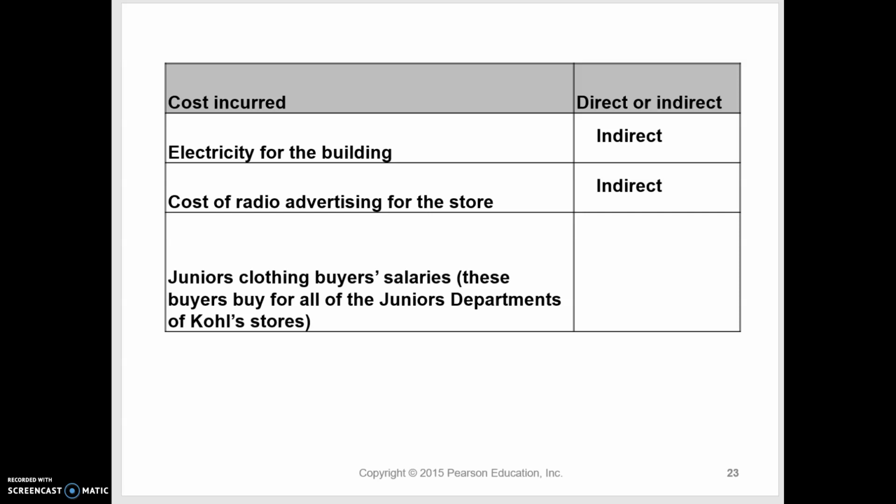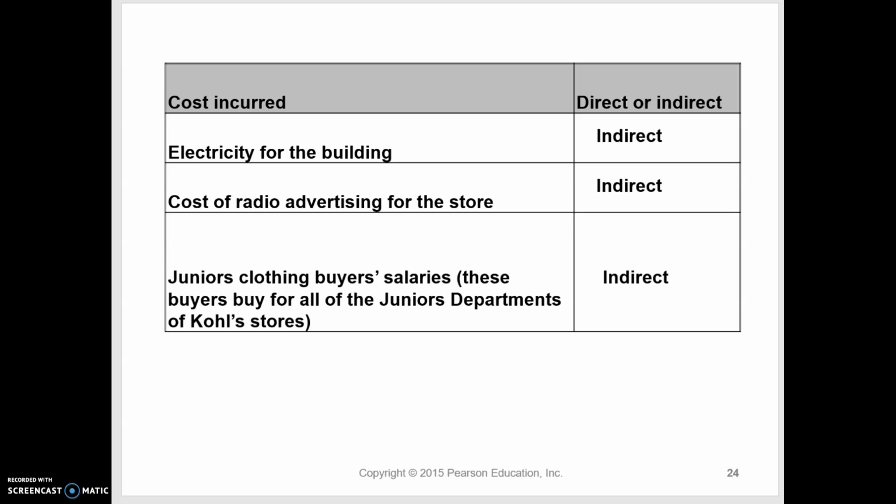And so this would be an indirect cost of the Medina location because the person in the corporate office is buying the juniors, picking out the juniors fashion for the Kohl's stores all throughout the country. So it would be an indirect cost of the juniors department in Medina, because it's actually being incurred for all the junior stores.